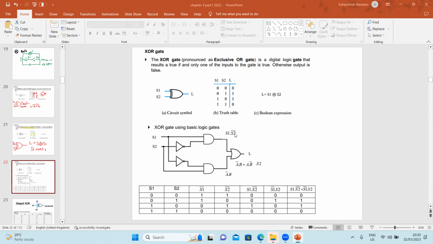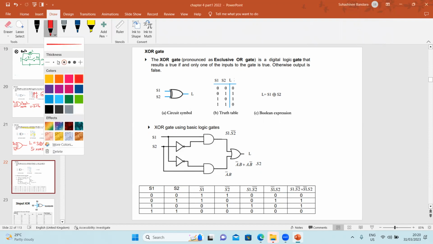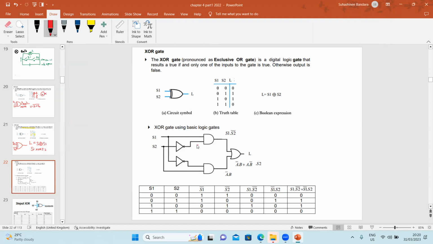So the output will be S1 dot S2 bar. Here S1 is going inside, and S2 bar is coming inside to this one. Then the output will be S1 dot S2 bar.